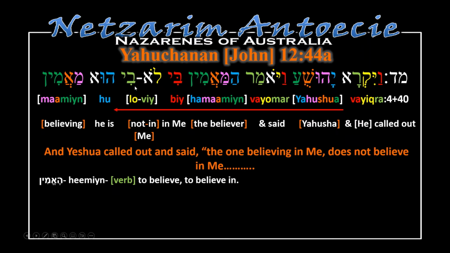Lo, not, in me, not in me, hu, he or he is, ma'amin, meaning believing. As we look down here, he'amin is a verb to believe in, right? So now we see the English, and Yeshua called out and said, the one believing in me does not believe in me.